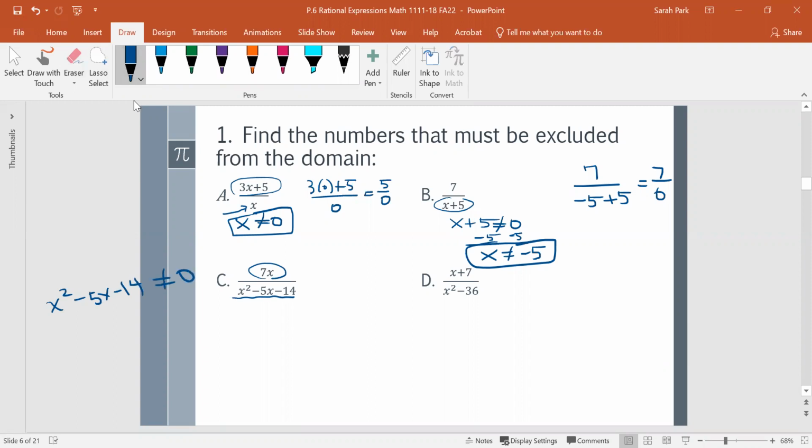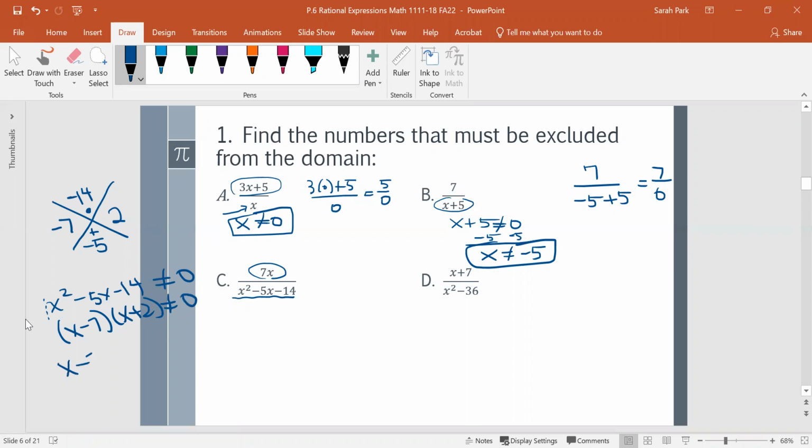In the previous lesson, we went over factoring. Since the leading coefficient is 1, we take the last number, -14, and find two numbers that multiply to -14 but add to the middle term, -5. That's 7 and 2, with the 7 being negative. So this factors to x minus 7 and x plus 2.